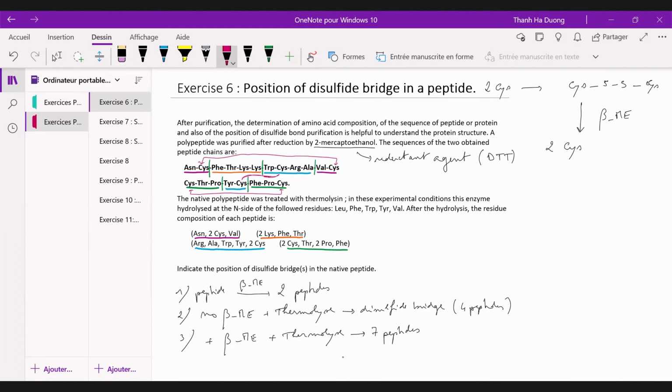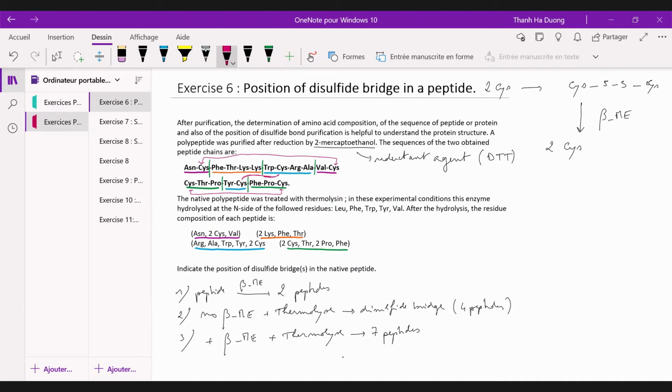So you obtain the 4 peptides which are described here, and you know only the composition, not the sequence. So you know that in the first peptide, you have 2 cysteines, 1 valine, and 1 asparagine.